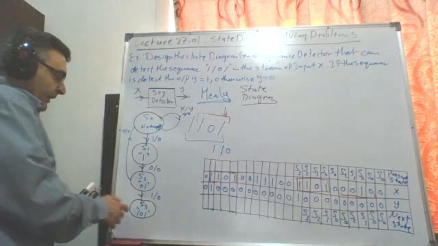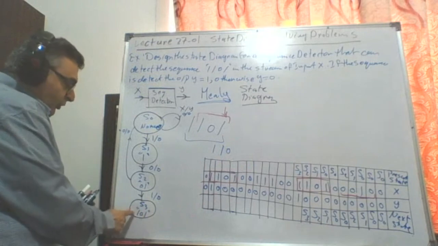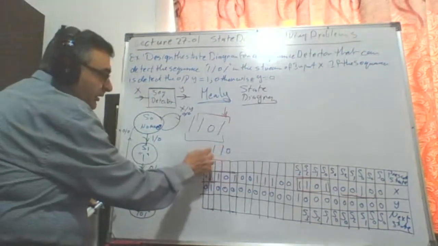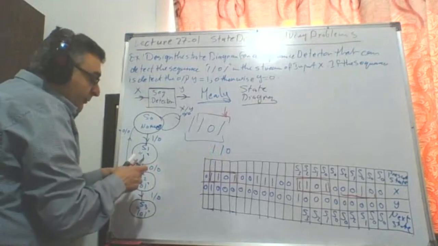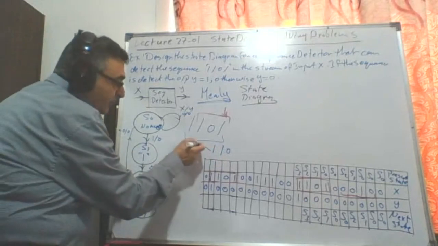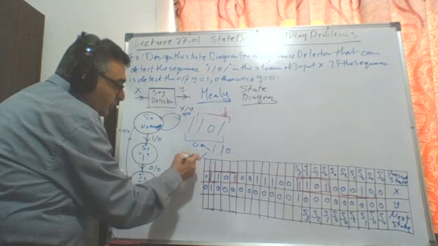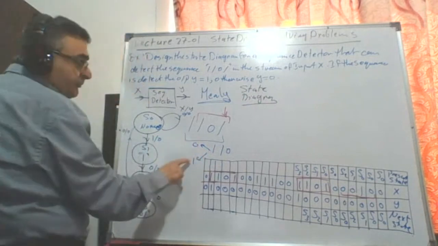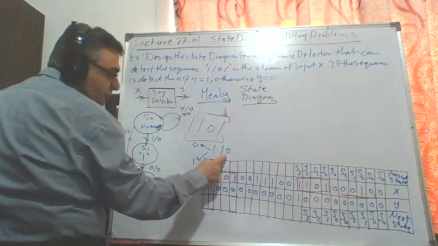After S3, I already have 1, 0, 1, and then followed by 1. What should I want to remember? I'm not sure what's coming in, but I have two options. The coming bit could be 0, could be 1, correct? No matter what will come. Do you want to remember the first 0?